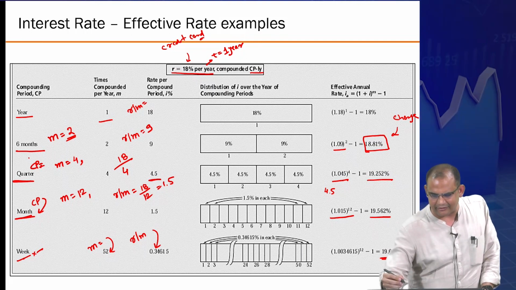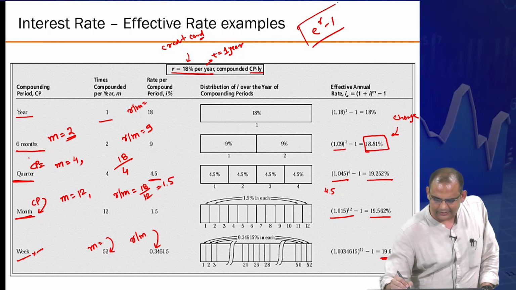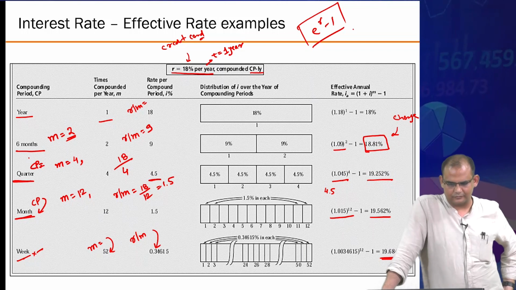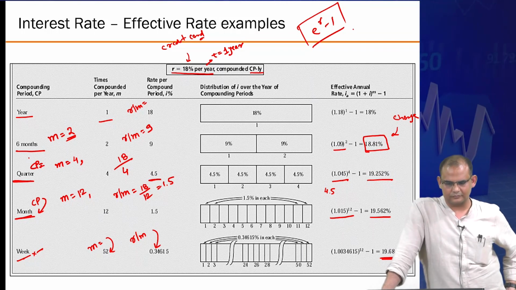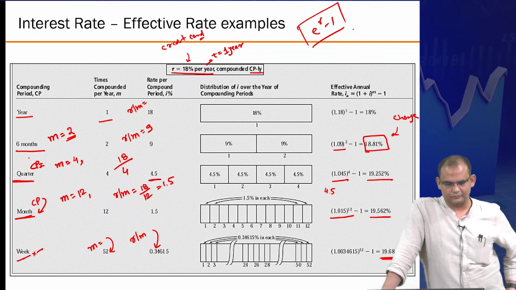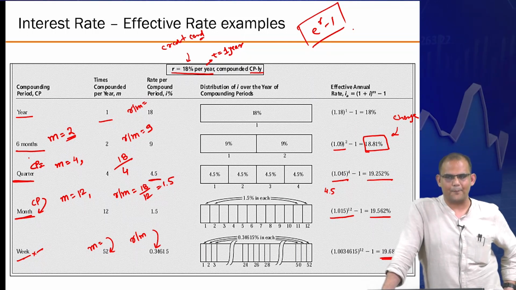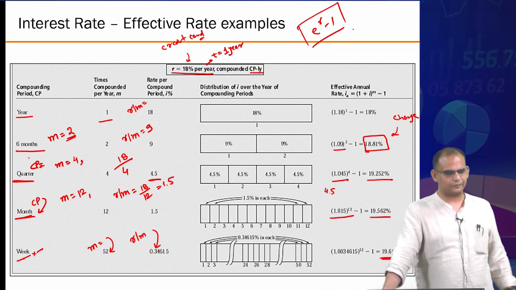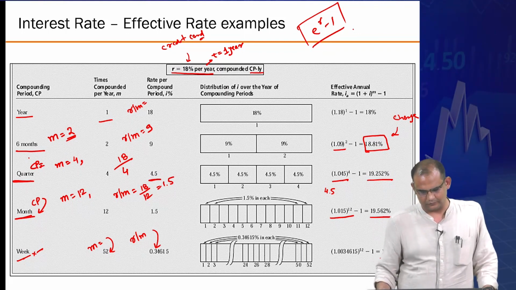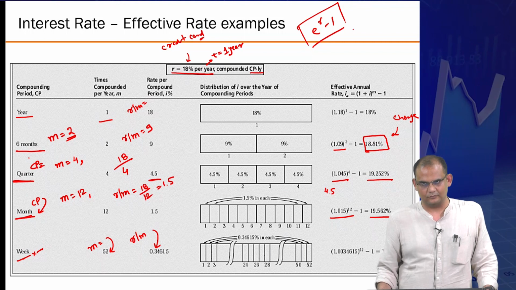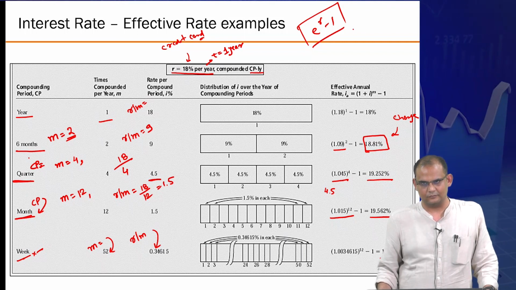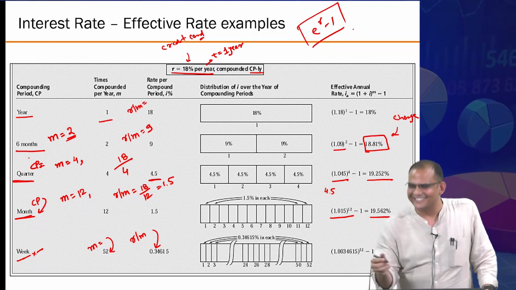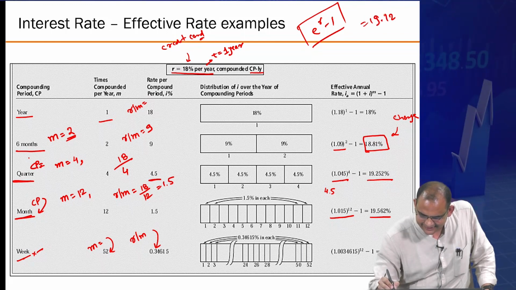Can you give me an infinity one answer? E to the power R minus 1. Not confident in saying your answer anymore. 19.72%.